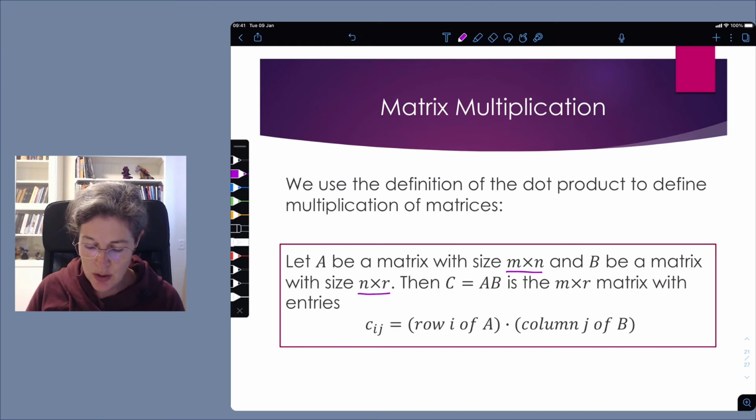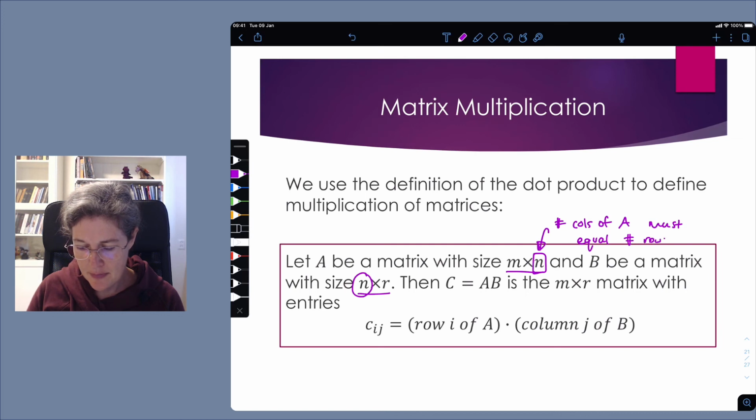The key thing to note is that the number of columns of A must be equal to the number of rows of B. So we can't just multiply any two matrices together. They have to have the right dimensions, in contrast to normal multiplication of numbers, where you can multiply any numbers you like.